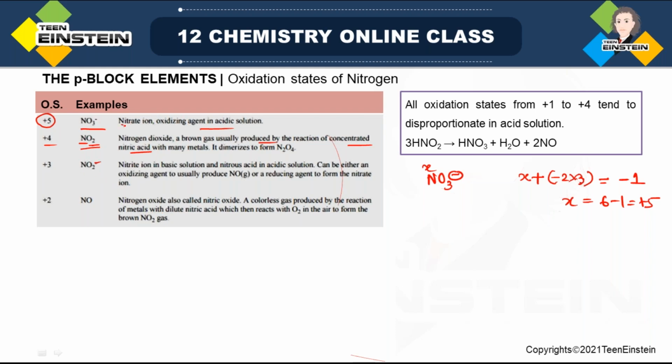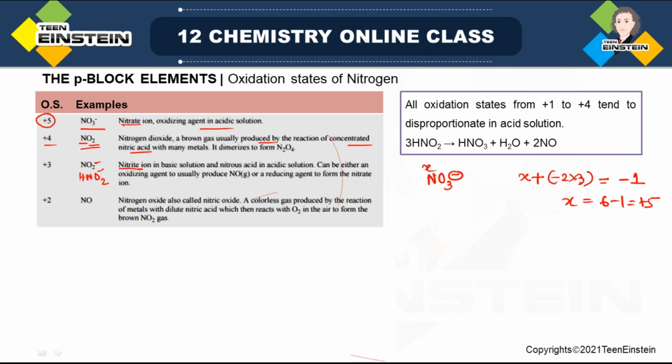The next species is NO2 minus. Now NO3 minus is nitrate, but NO2 minus is the nitrite ion. So try to understand the difference. The spelling is different. Nitrite, here the oxidation state is +3. It is the nitrite ion in basic solution and nitrous acid in acidic solution. That means if we add one hydrogen, it will be HNO2, which is known as nitrous acid.